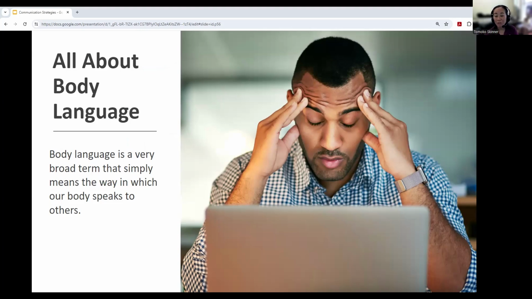Think for a moment about different types of posture and the message that they relay. Sitting hunched over typically indicates stress or discomfort. Leaning back when standing or sitting indicates a casual and relaxed demeanor. And standing ramrod straight typically indicates stiffness and anxiety.